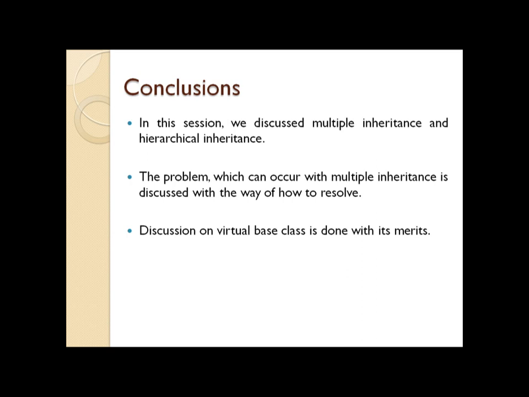That is the reason it is called virtual base class. We can place the virtual keyword before the visibility modifier as well as after the visibility modifier. It will not affect the execution of the program.